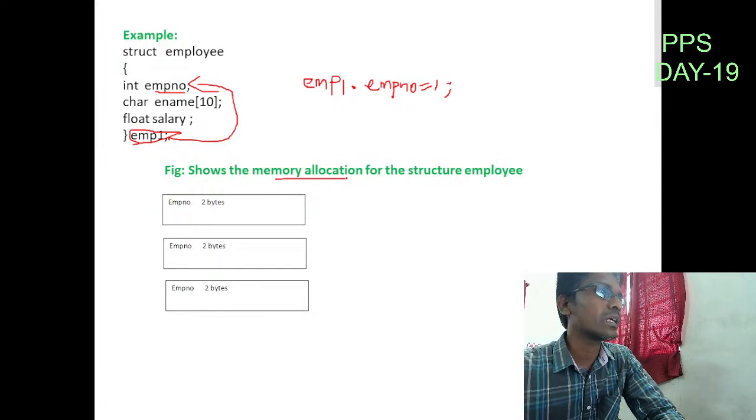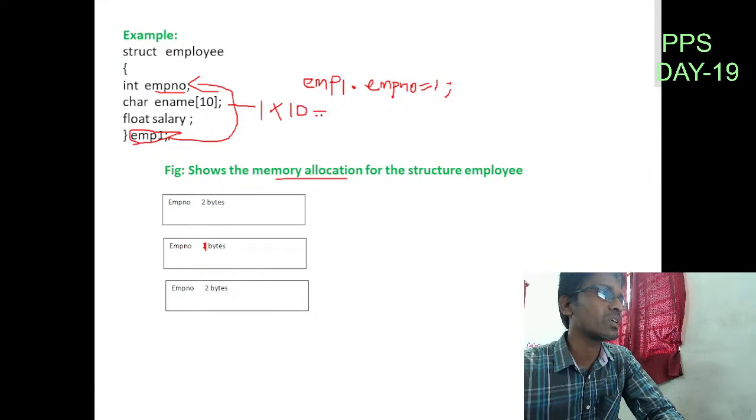So this is the memory allocation of the structure. Employee number is an integer data type, so it will occupy 2 bytes. Employee name is a character data type, which occupies only 1 byte, multiplied by the number of characters, which is 10.